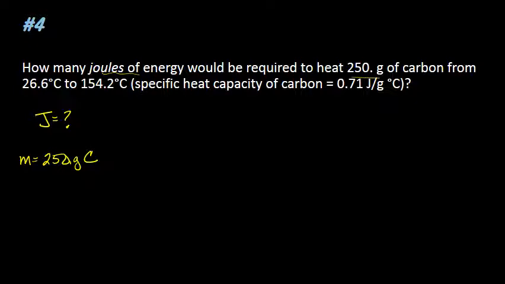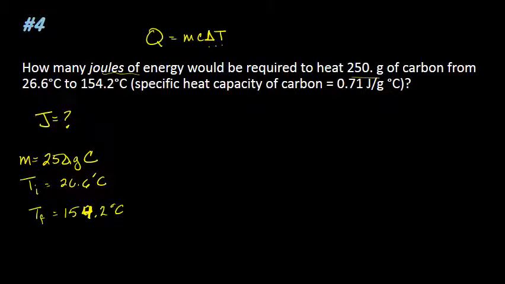Changing temperature, that should tell you immediately that we're going to use this formula because we're talking about a change in temperature. So we have an initial temperature of 26.6 degrees Celsius and we have a final temperature of 154.2 degrees Celsius. And there is the value of C, because we know C's units are joules per grams times degrees Celsius.